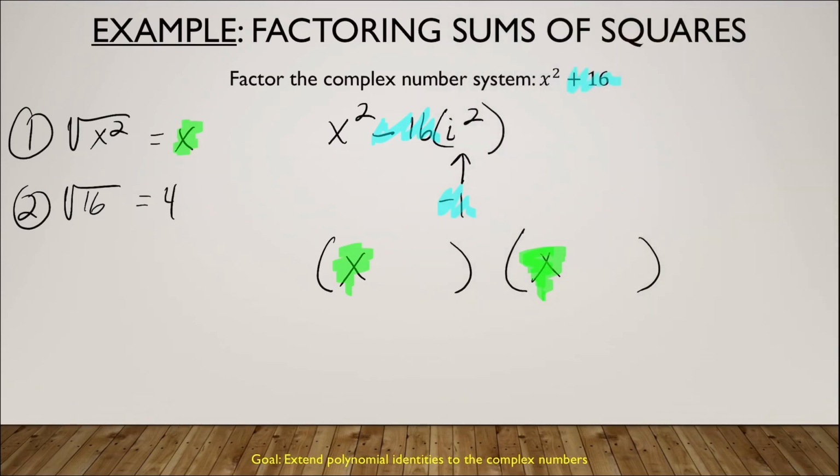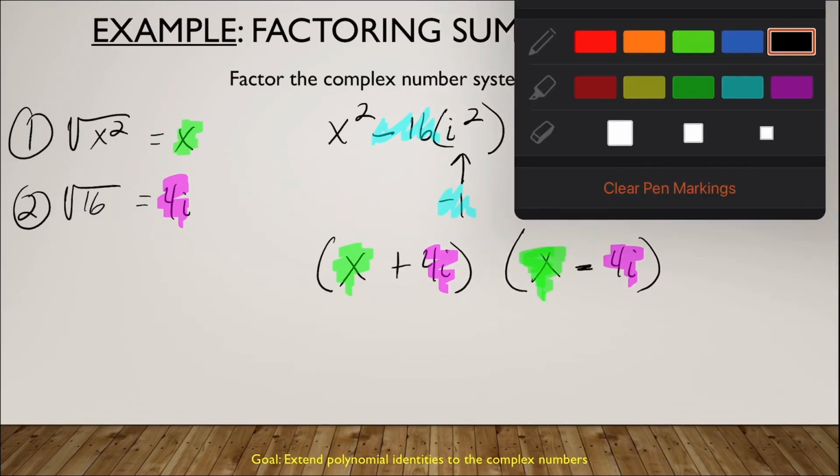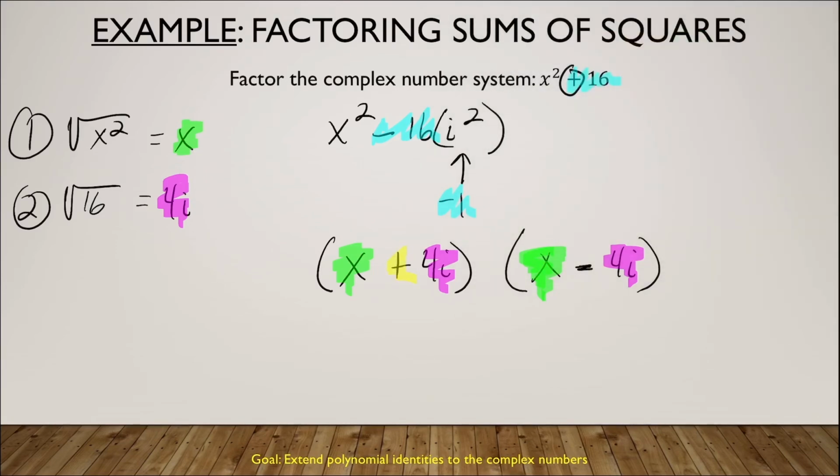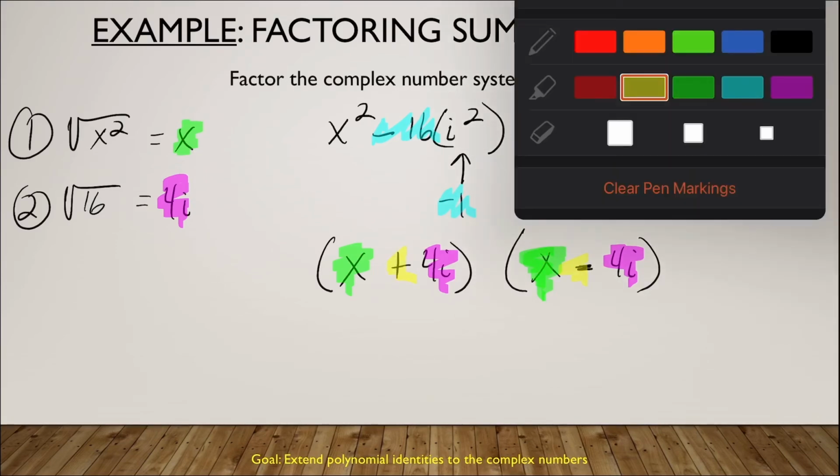The square root of 16 is 4, but here's the difference. Because I have this sum, I'm going to put 4i and 4i. So there's step 2. Now I would have 1 plus and 1 minus, that's step 3.